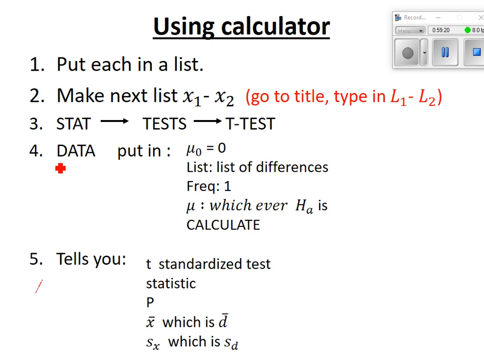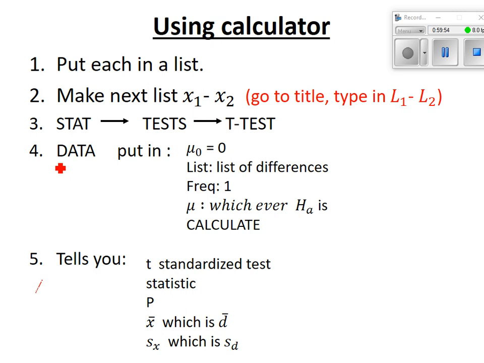Once you get to that, highlight Data this time instead of Stats. We don't want Stats this time, we want Data. This is where you have to make sure, because some of the calculators have other stuff in them. Your mu sub 0 has to be 0. Your list is the list of the differences, so whatever you put the differences in, mine was L3.